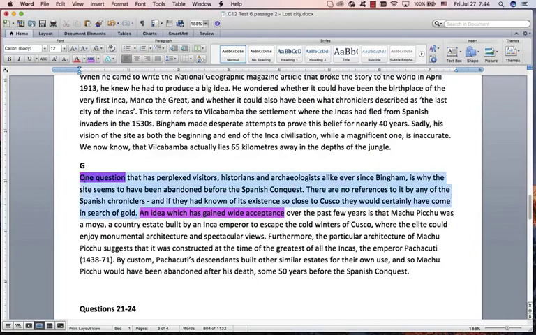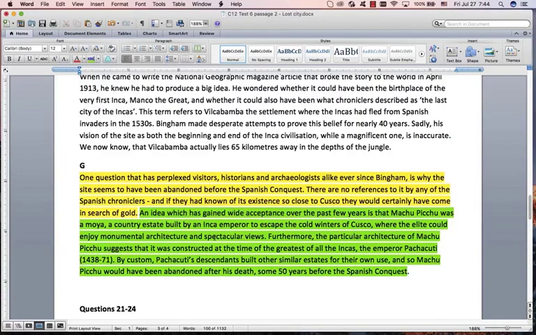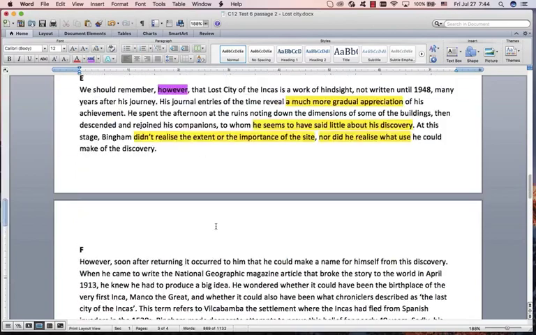So all of this we can see as question, and all of this is answer. And of course, which is more important, the question or the answer? The answer. So that really tells us what the topic of the paragraph is. This idea to answer this question.